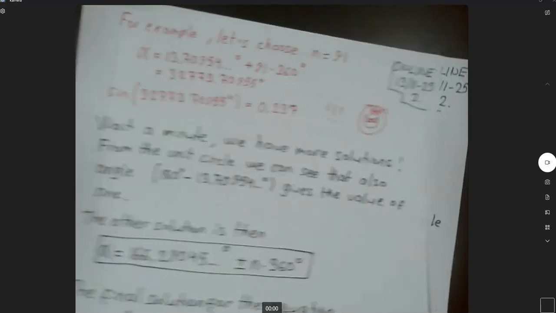And now we will continue with these examples. I will take an example of a cosine equation.